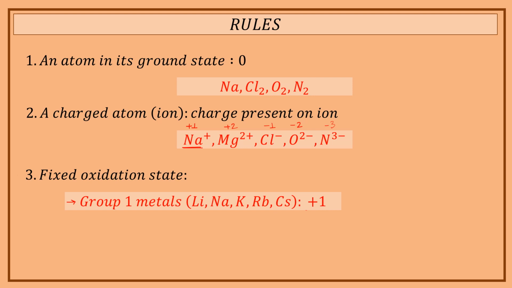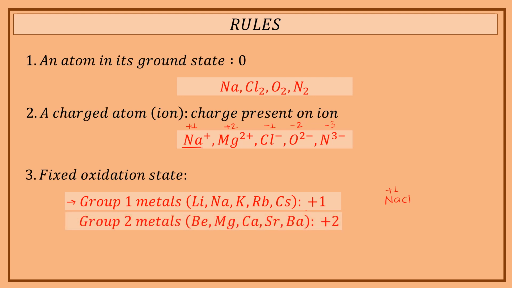We just saw the example in NaCl, where sodium had an oxidation state of +1. Similarly, the group 2 metals will always have an oxidation state of +2, no matter to whichever atom they are combined.